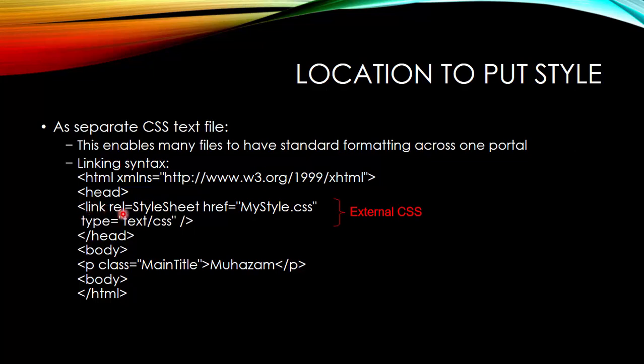Link tag, we give the attribute of rel stylesheet, and then href is the file where the code of CSS is written. And in that CSS, for example, we want to have a main title class like just now, must be defined in this CSS file. So this is external linking.